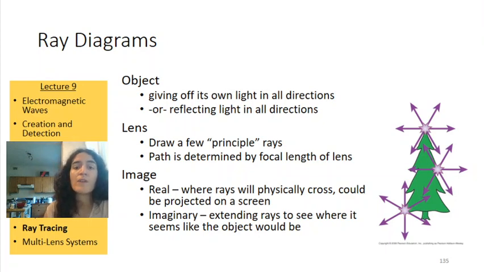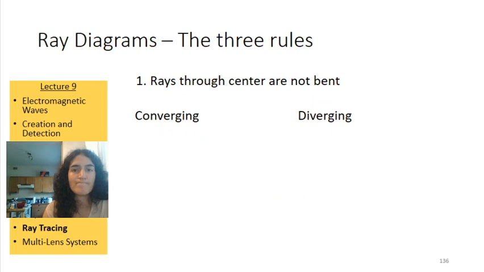We'll create real images where real light rays bend and cross together. We'll create imaginary images by extending light rays to see where it seems like the image would be created. So we'll see examples of both real and imaginary images.